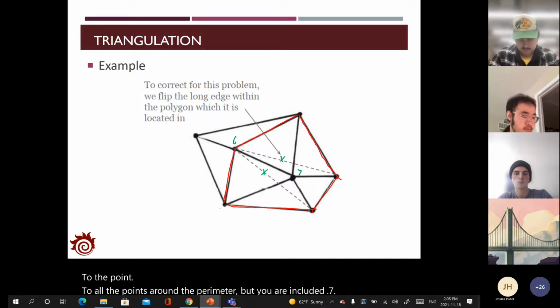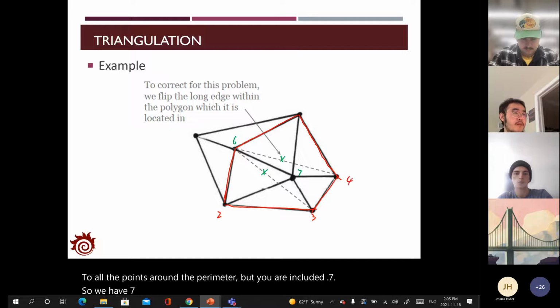So we have 7 to 2, to 3, to 4, to 5, and to 6.